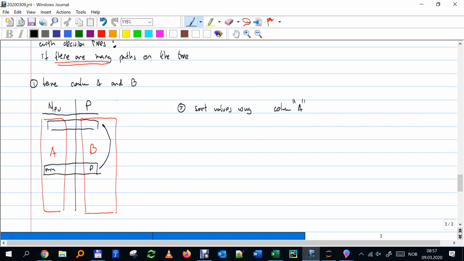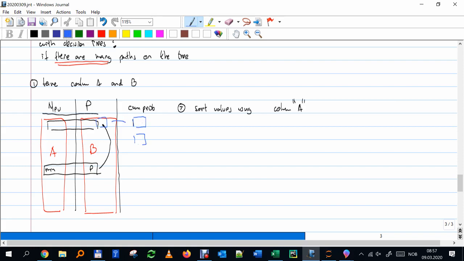Then I have the probability. What I can calculate here now is this cumulative probability. For the first one it will simply be the first one.